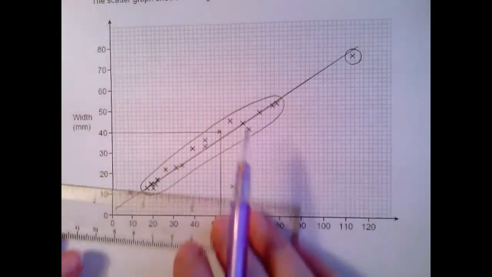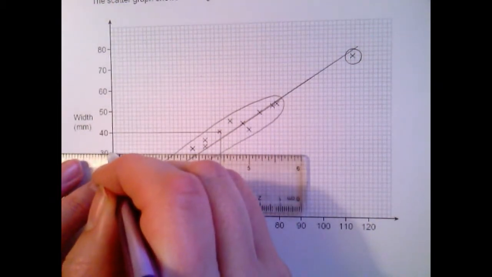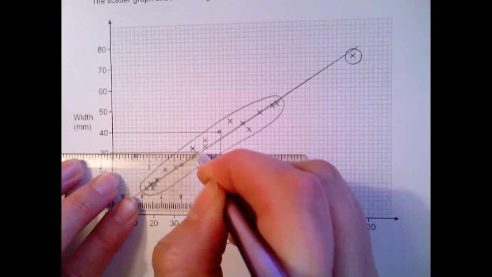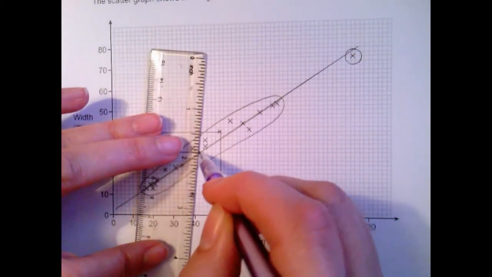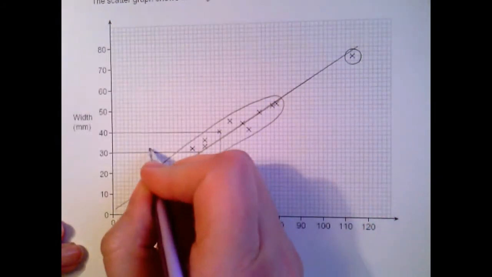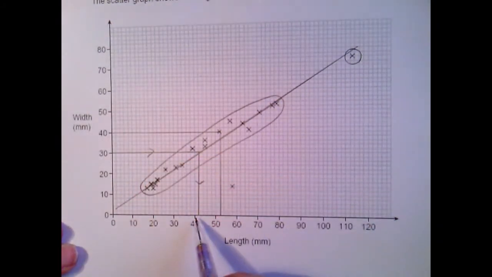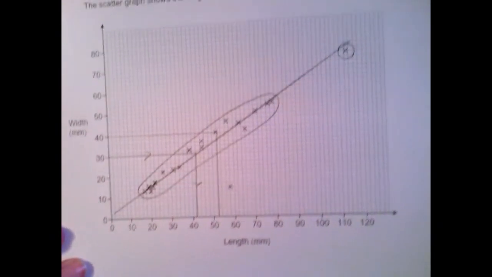So we're going to be guessing, if there was one with a width of 30, roughly what would their length be. So go across to your best fit line, not to the sausage shape, you go to the best fit line and then down and read off your result. So that would be 42. So 42 millimeters would be the length of the egg whenever the width is 30.